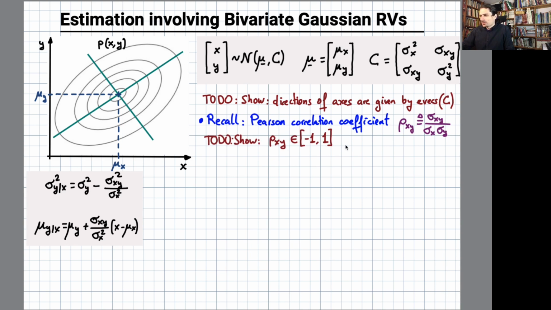And at this point, you may want to stop the video and try to show that this coefficient is always between -1 and 1. Okay, this is a very useful exercise of probability theory. And as a hint, you may use the fact that covariance matrices are always positive semi-definite, right?